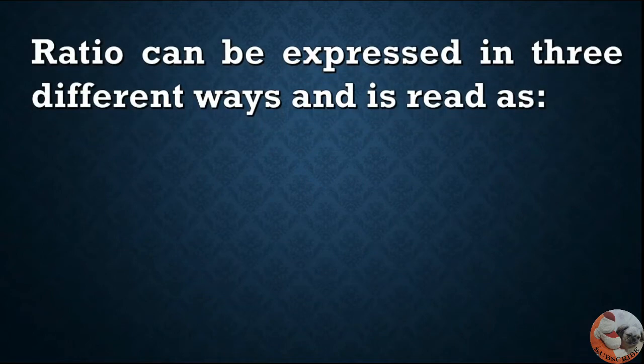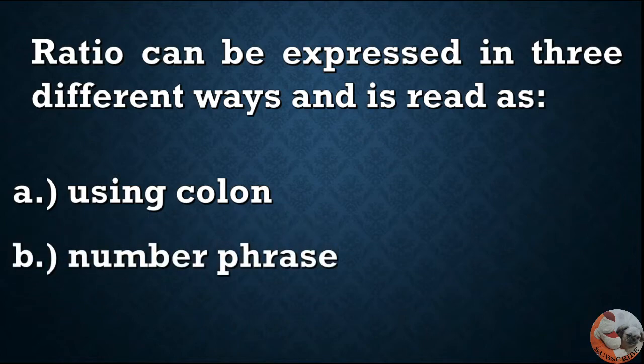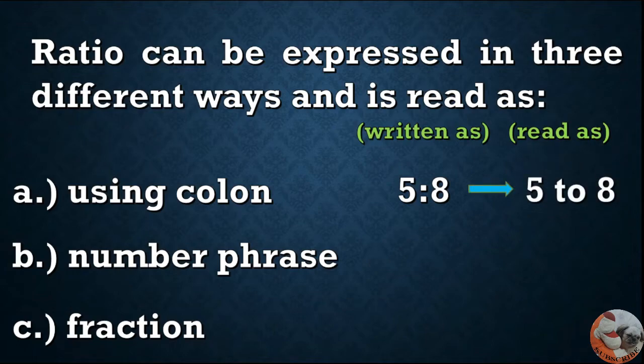A ratio can be expressed in three different ways, and it is read as follows. First we have using colon, number phrase, and fraction. Using colon, it is written as 5:8 and it is read as 5 to 8.